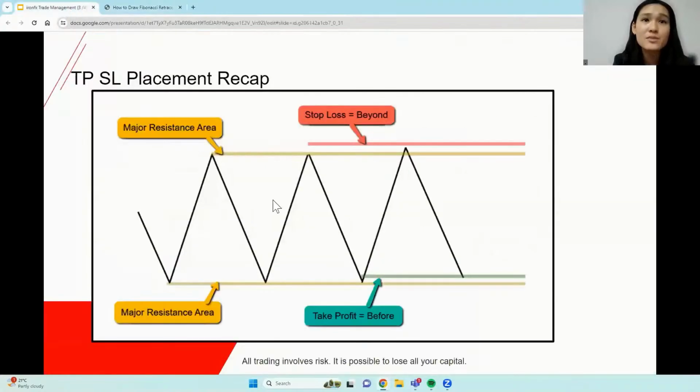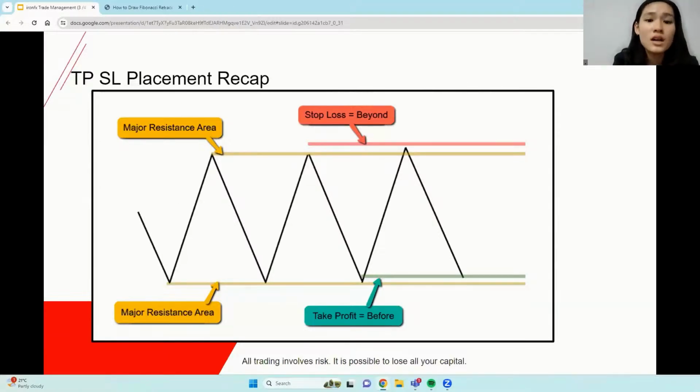Whereas in this previous example, since we're going in for a sell entry, similarly your take profit will be before, but in this case it would obviously be above the major resistance area, and your stop loss would be up above it as well, since it's beyond the major resistance area.